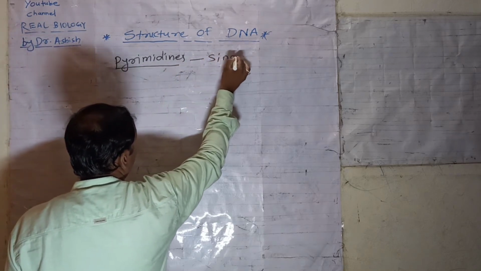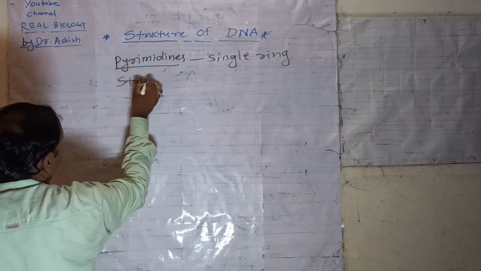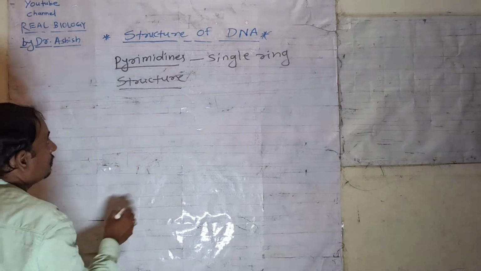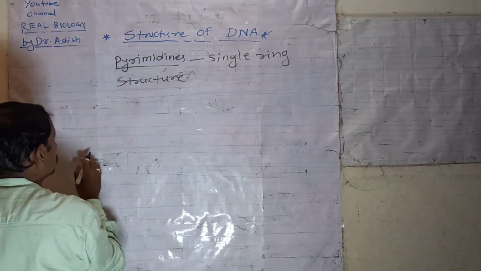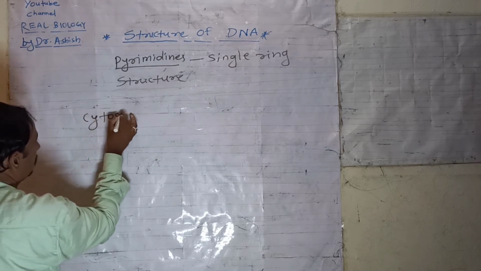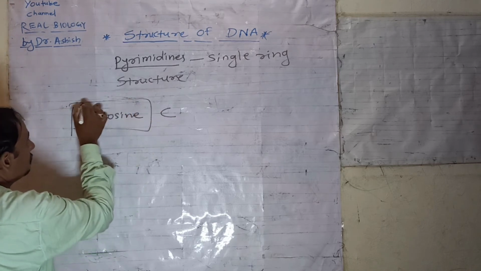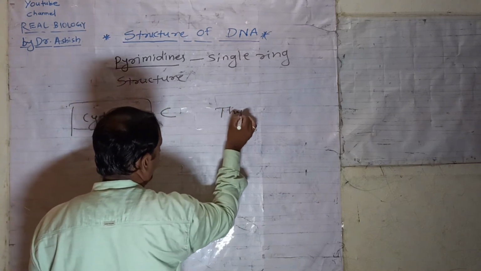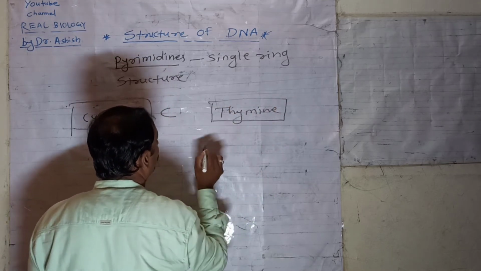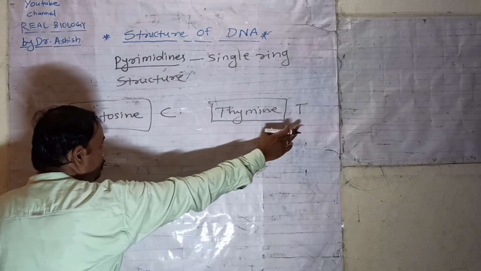How can we draw their structure? There are basically two pyrimidines. Number one is cytosine, denoted as C, and thymine, denoted as T. These two are the pyrimidine nitrogenous bases in DNA.